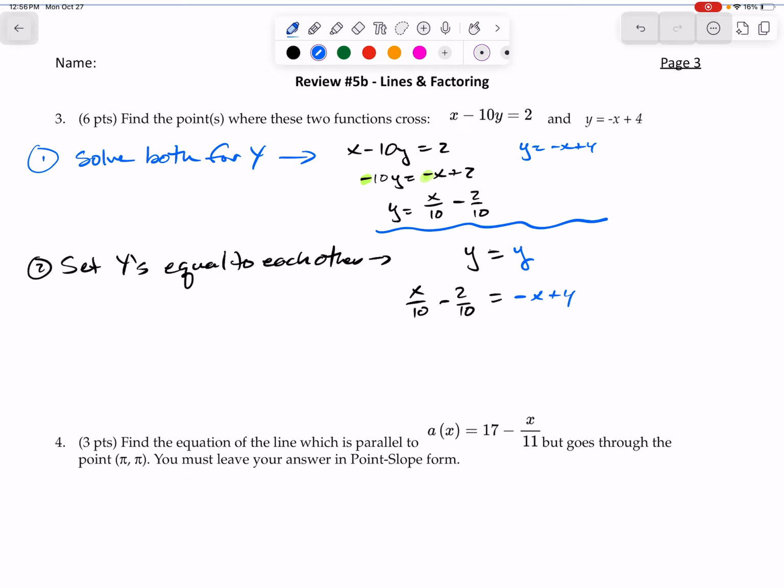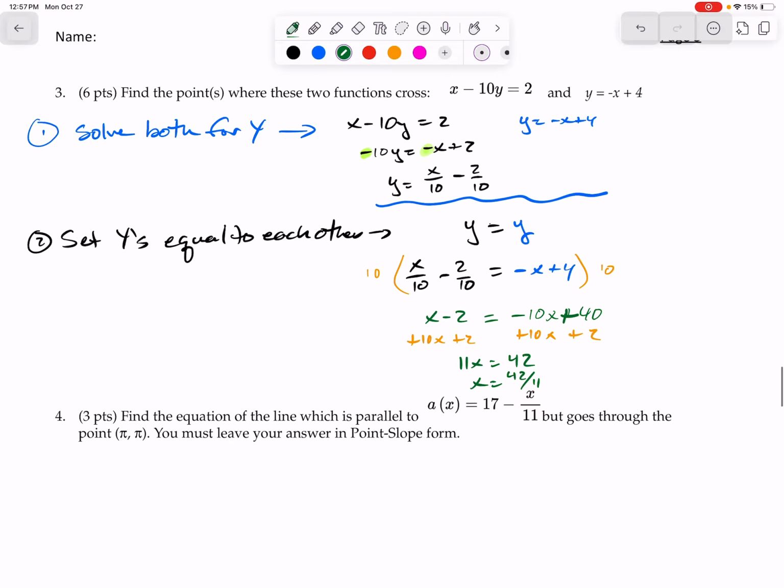If I multiply through by 10, just to get rid of my 10s, I get x minus 2 equals minus 10x plus 40. Recombining, plus 10x and plus 2, I get 11x equals 42, so x equals 42 over 11.